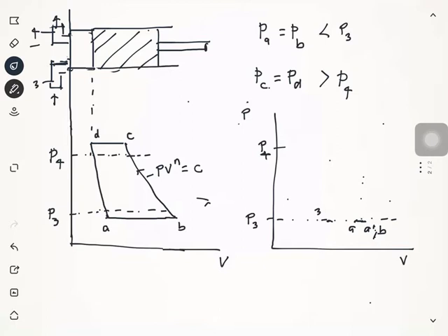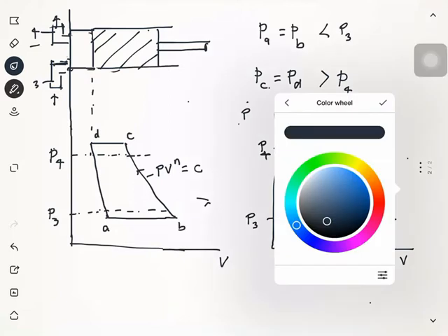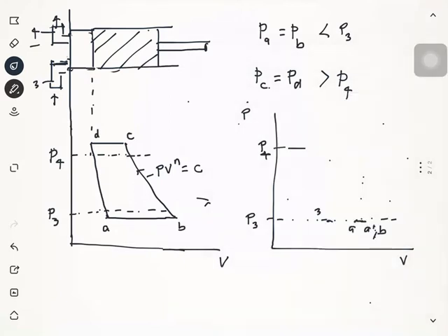So by compression in the compressor, this is our pressure at point 4.